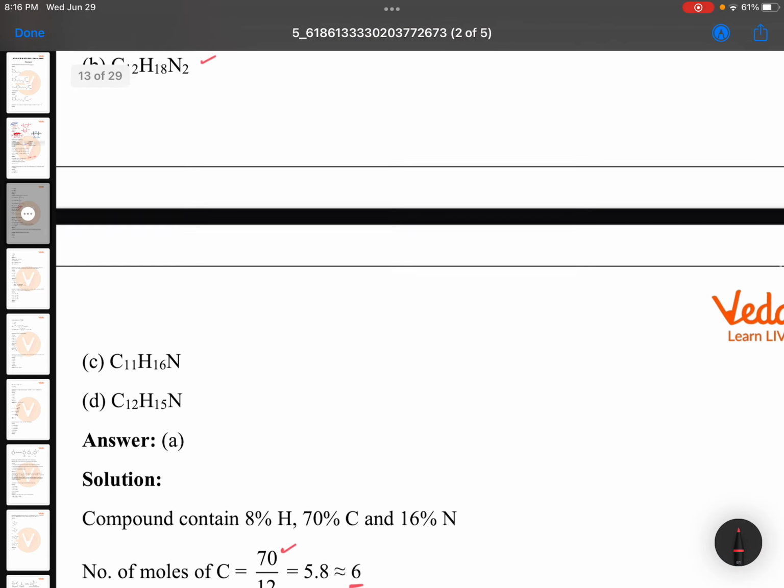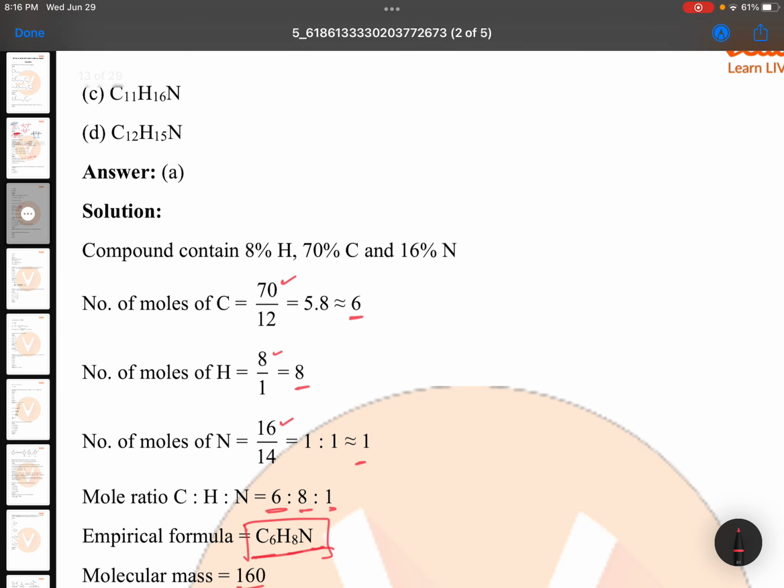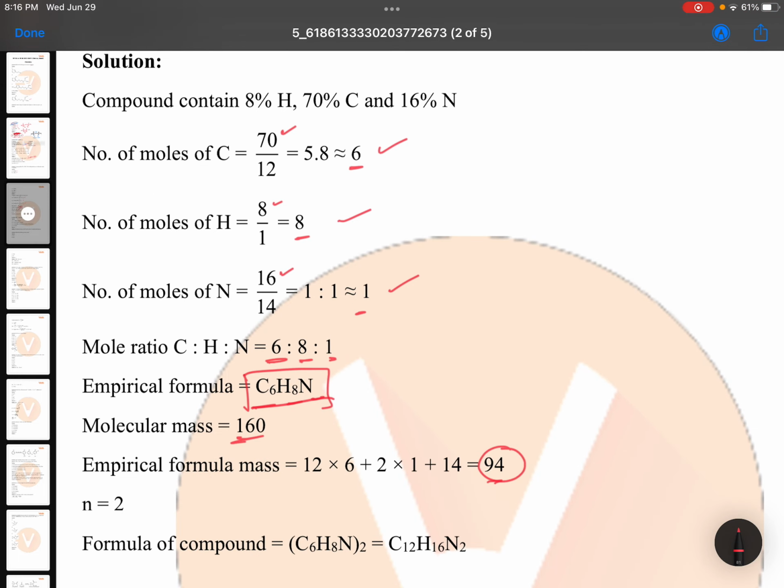Something went wrong. 12 into 6 is 72, plus 8 plus 14, that is 72, 80, 94... It is not 94, sorry, it is 84.